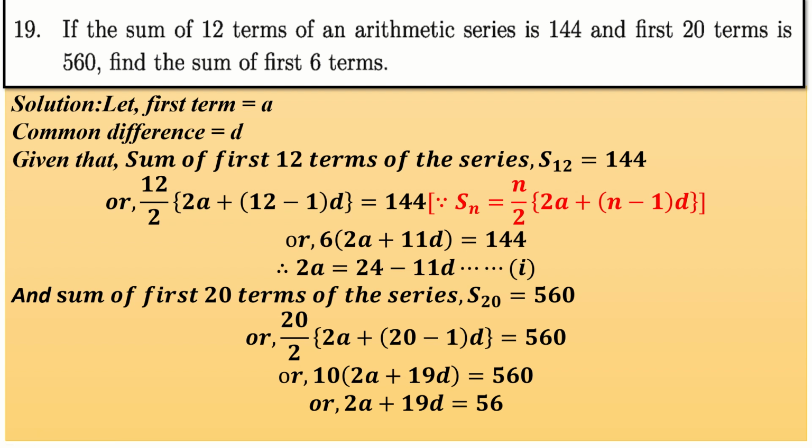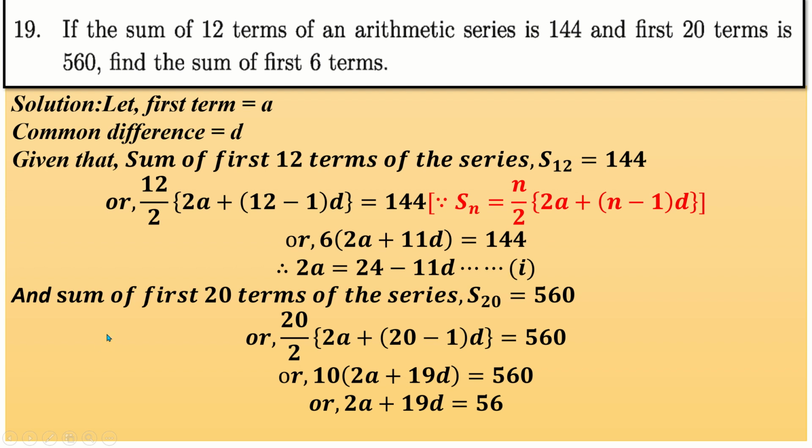Just calculation. Here this formula is used here. Okay, therefore 2a plus 11d equal to 144 divided by 6, this equal to 24. Therefore 2a this equal to 24 minus 11d. This is equation number 1.